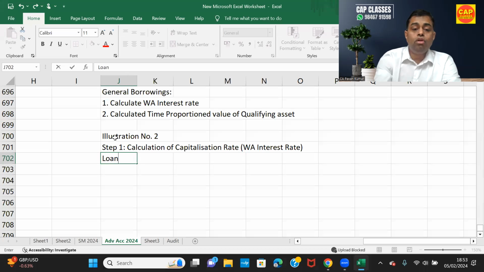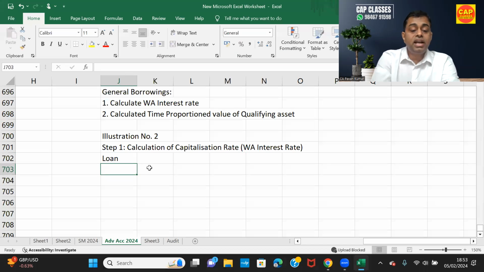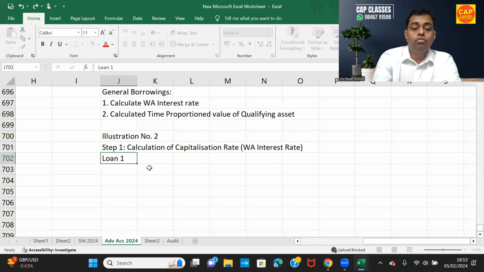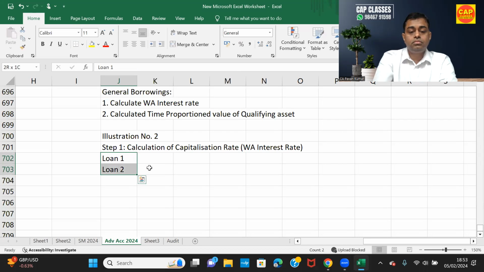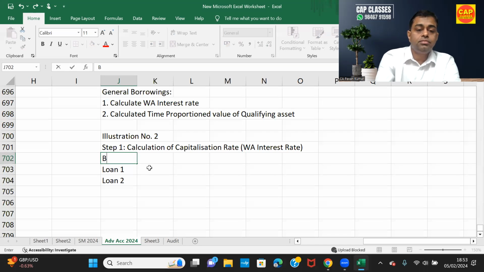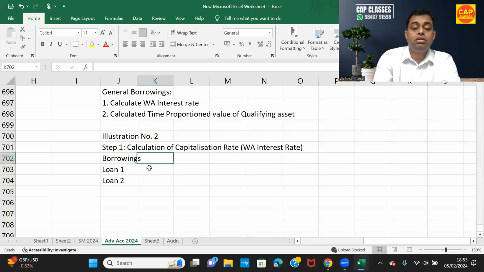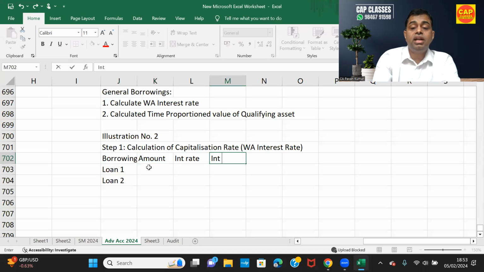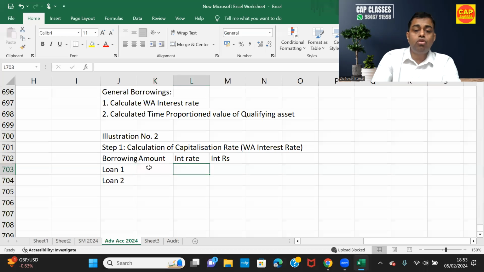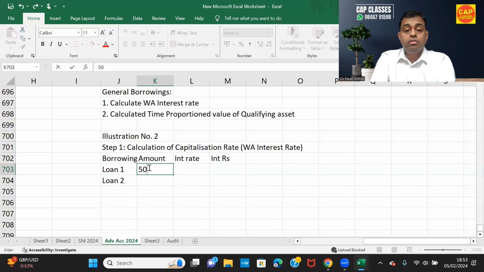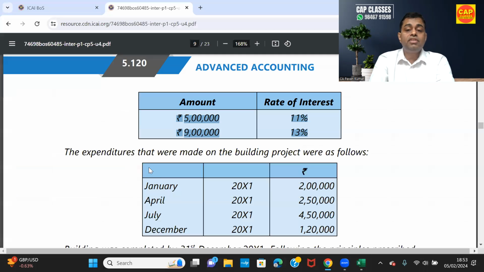Okay, so we have loan 5 lakhs, 9 lakhs. So we have loan 1, loan 2. So this is borrowings, this is amount, this is interest rate, this is interest cost in rupees, interest amount rupees.